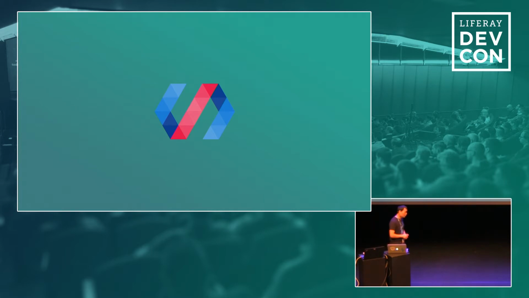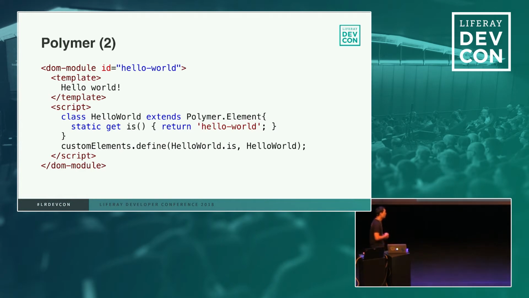Polymer is a JavaScript library developed by Google, a sugaring library to help developers build web components. Let's see, with Polymer it becomes a little bit easier. You start with a DOM module and give it an ID. The ID would be the same as the tag name.